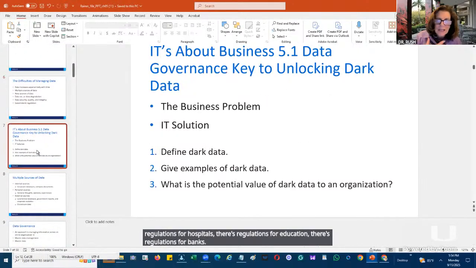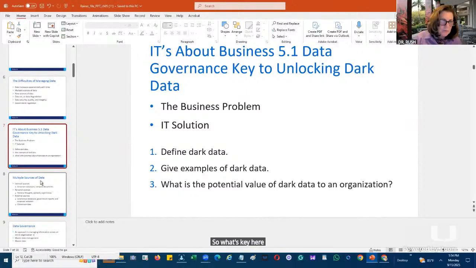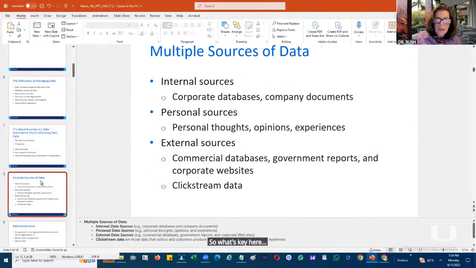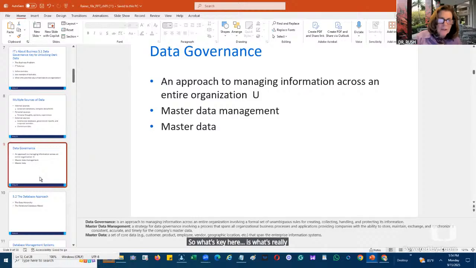So what's really important here in data governance is an approach. How do we get it across the entire organization? Somebody comes to me and says they want a student, and in this case, they want a student that's an athlete and also a finance major that has a GPA over 3.5 and is female.